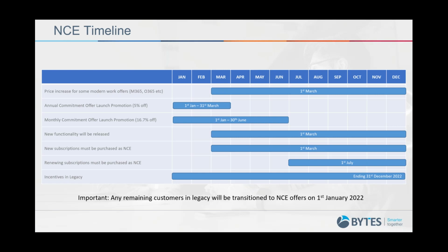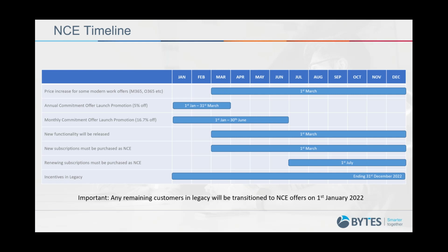With regards to renewals, you have through to the 1st of July to renew any legacy offers into new commerce experience. So that is a change. Microsoft originally had that down as the 1st of March. They've now extended it through to July, basically to give you more time to look at renewing those customers into new commerce experience.